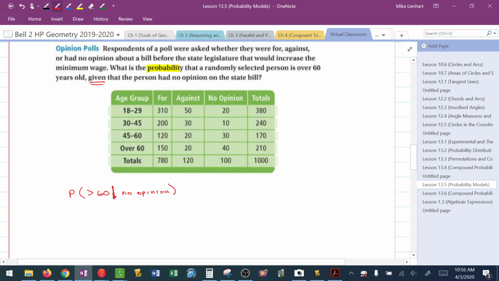Now, it seems like semantics a little bit, guys, but this actually really condenses what we're looking at. So the way that we're going to approach this is we're looking at the over 60 column again, or row.